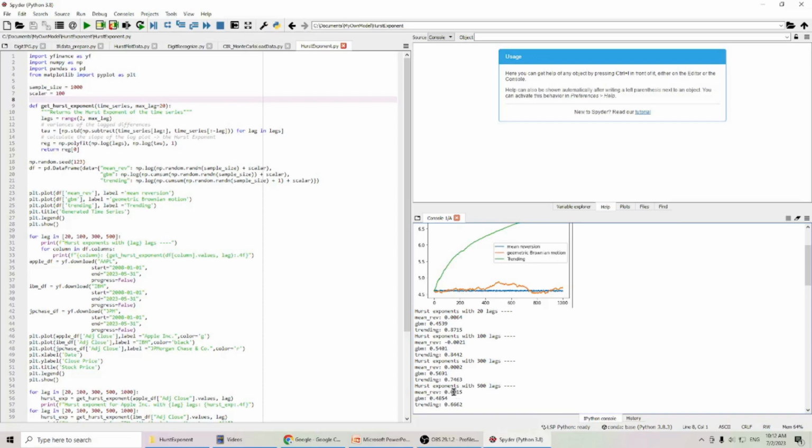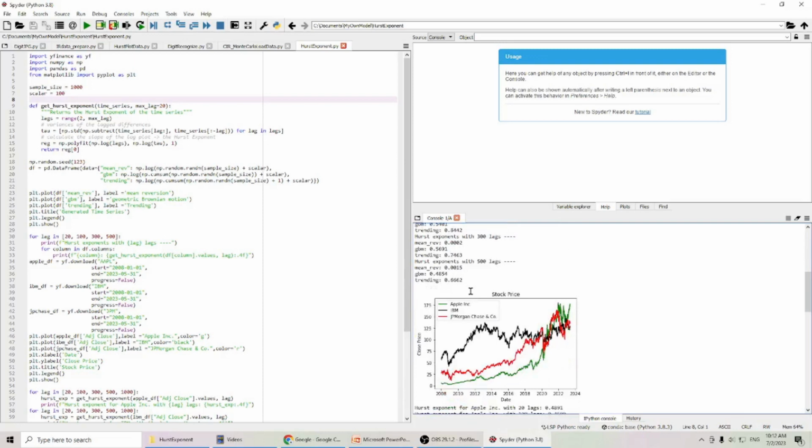So this mean reversion time series shows a very strong mean reversion pattern. And for this random walk, this geometric Brownian motion, you can see it is about 0.5. Of course, it's not exactly 0.5, but it's quite close.